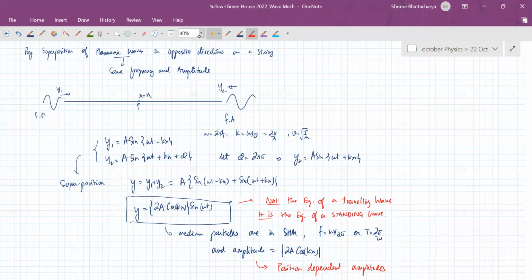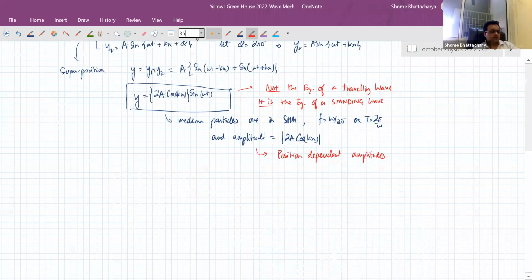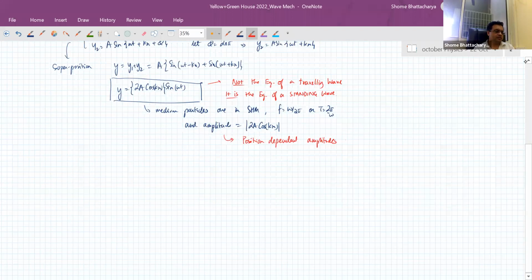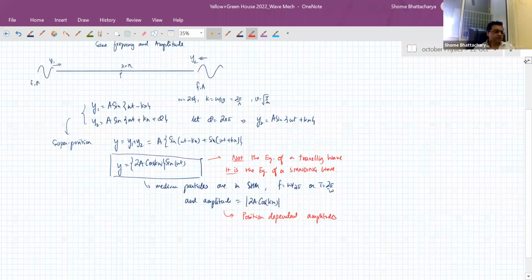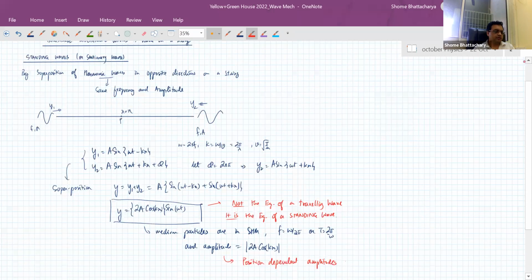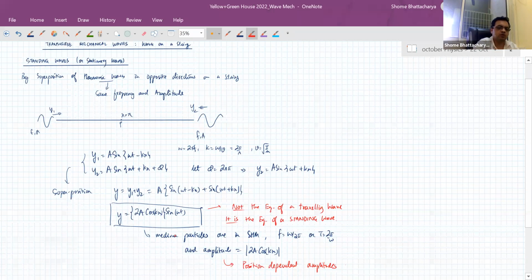So just do a quick recap of this concept. You need not write it down because this was done in the last lecture, but just recall this part, then we'll once again discuss the definition of nodes and antinodes in more detail.